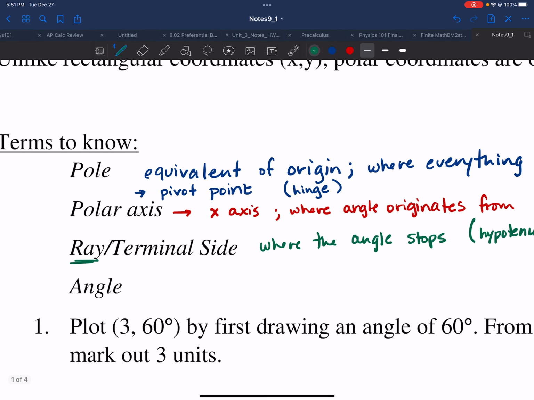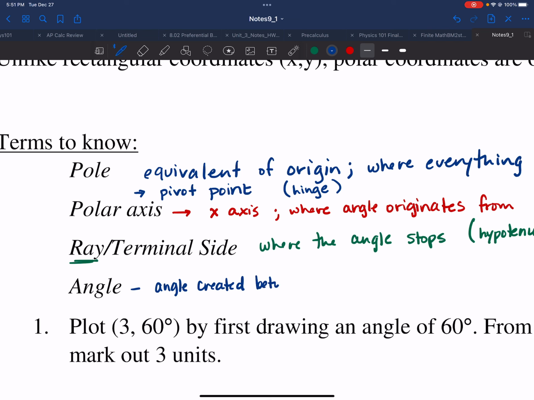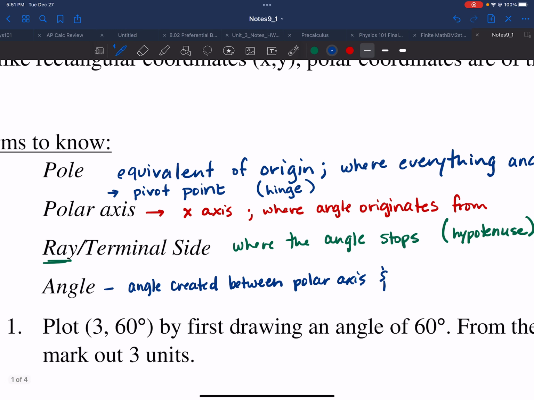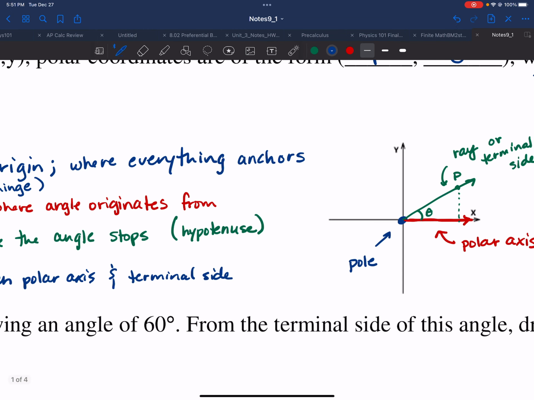So then the last term that we really have got to make sure we know is angle, and this is the angle created between your polar axis and, sorry about my handwriting, your polar axis and terminal side. So we're looking at that difference.